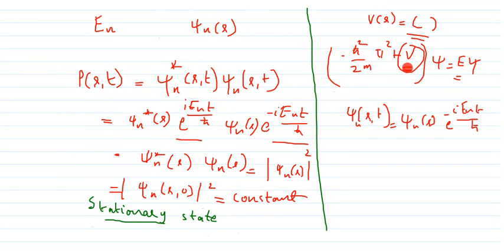So if you want to analyze a system and find its eigenvalues and eigenfunctions, all you have to do is substitute the potential in the time independent Schrodinger equation and evaluate the eigenvalues and the corresponding eigenfunctions. That is the essence of the time independent Schrodinger equation.